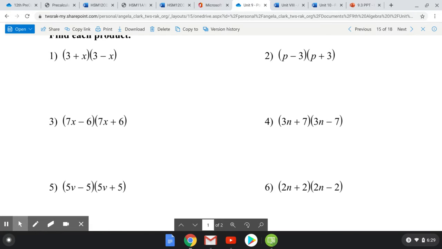Hi guys, in this video we're going to be talking about a special type of foiling that's going to follow a specific pattern each time, so it kind of gives you a shortcut if you recognize the pattern. So that's why we're doing it.